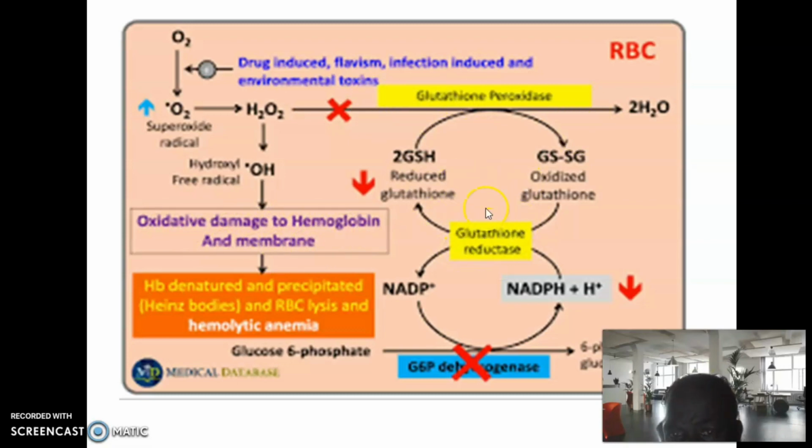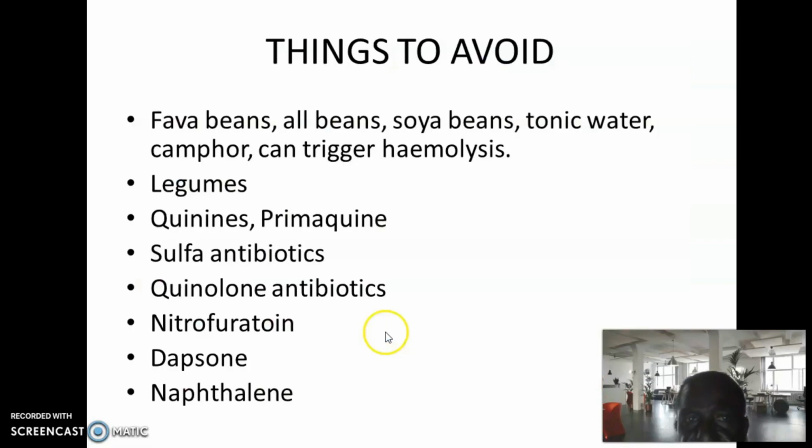But in the presence of the enzyme glutathione peroxidase, it is turned to water, and the G6PD dehydrogenase also helps to reduce the NADP to NADPH. In that process, it helps the cycle to continue. That is, the disulfide glutathione is now reduced again to glutathione.